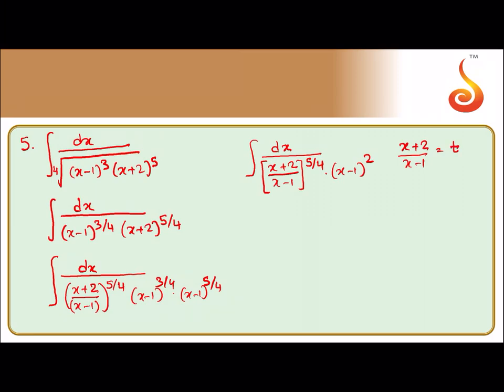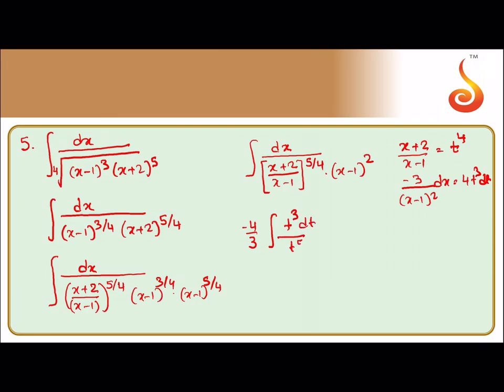If we observe very carefully, x plus 2 by x minus 1 is equal to t to the power 4, which is more convenient. We get minus 3 times x minus 1 whole square dx is equal to 4 t cube dt, which is already present. So if we substitute this value, what is dx now?